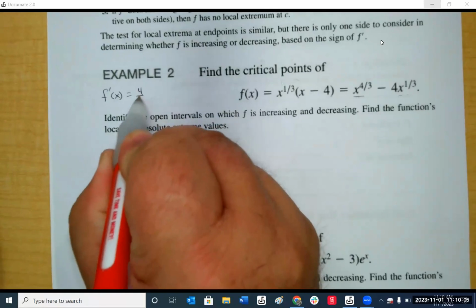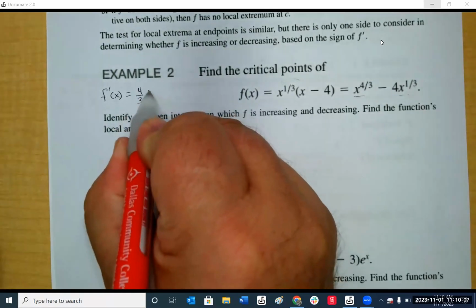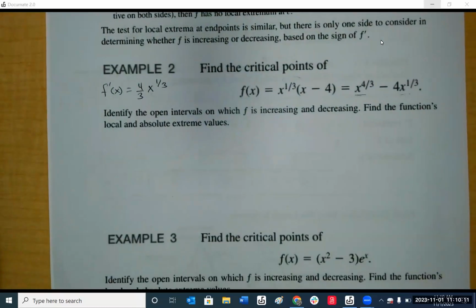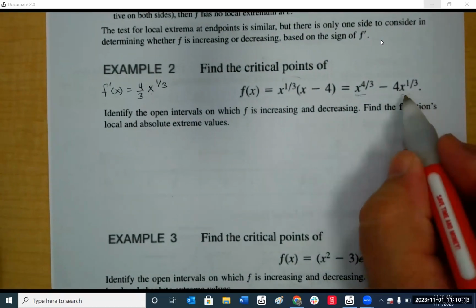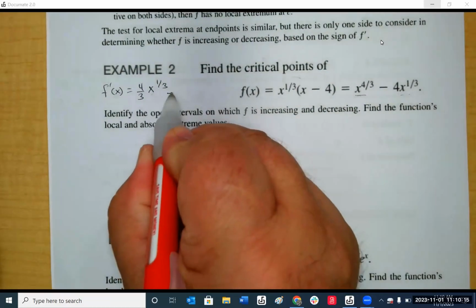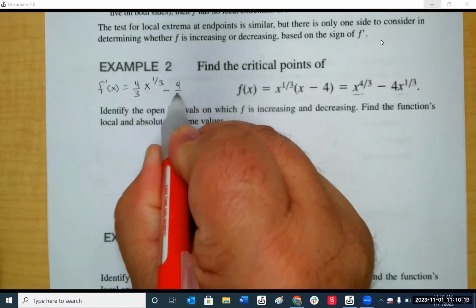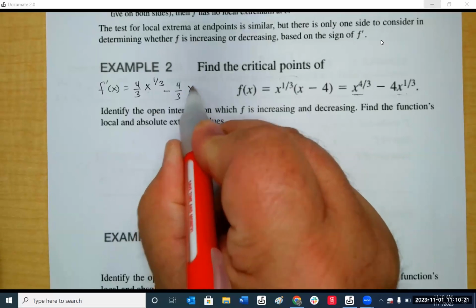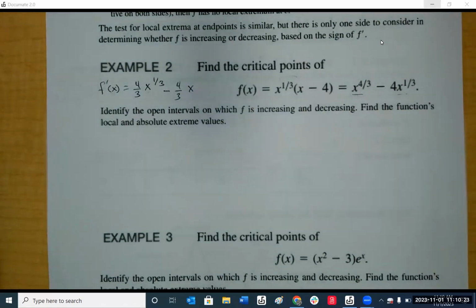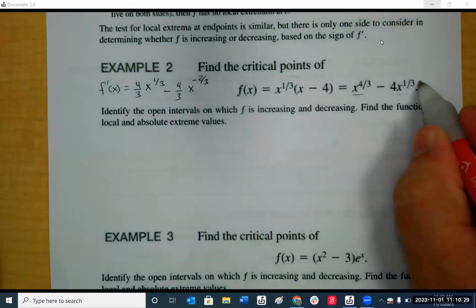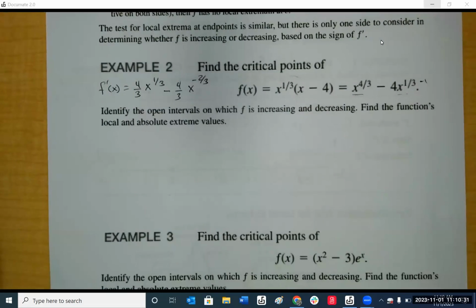So it's 4/3 x to the 1/3 minus 4/3 x to the power what? -2/3. Very good. Because we subtracted 1, which is 3/3.